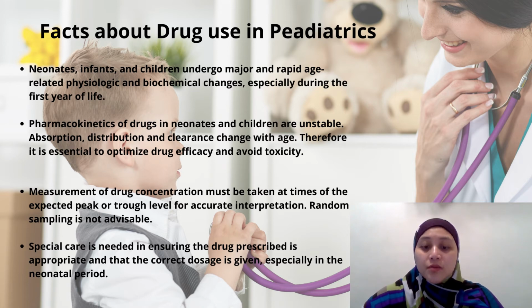Measurement of drug concentration must be taken at the time of the expected peak or trough level for accurate interpretation. Random sampling is not advisable in pediatric patients. Special care is needed in ensuring the drug prescribed is appropriate and that the correct dosage is given, especially in the neonatal period.